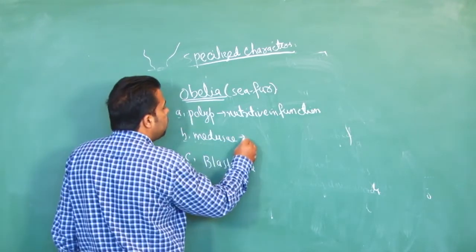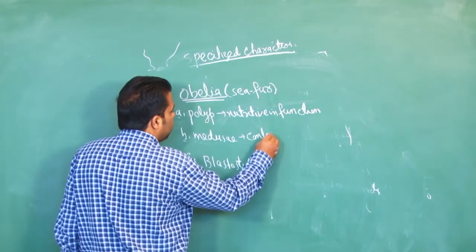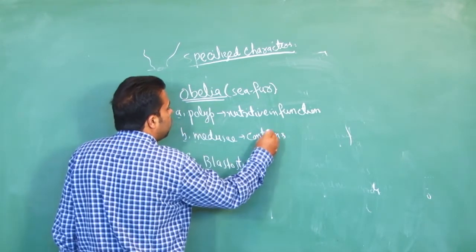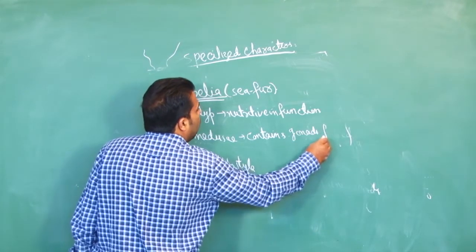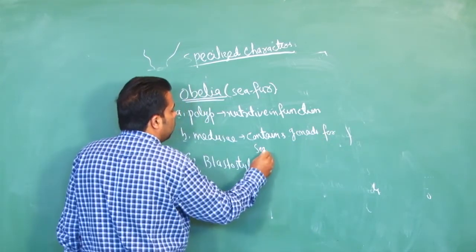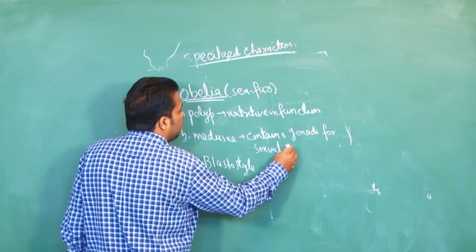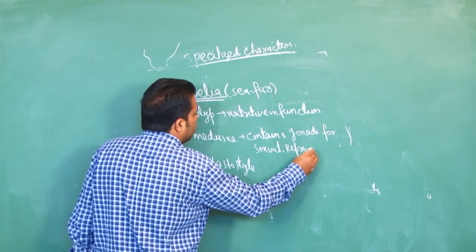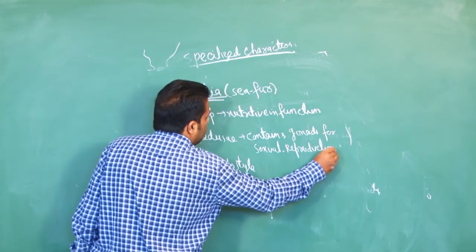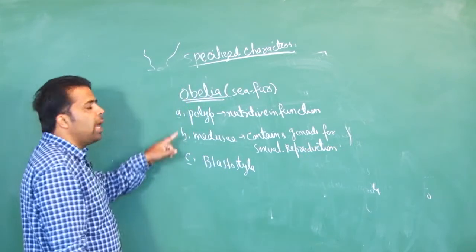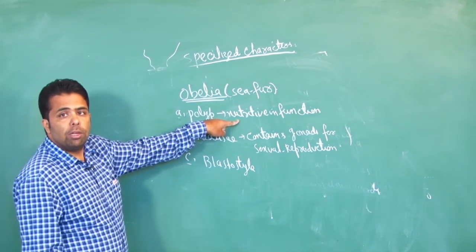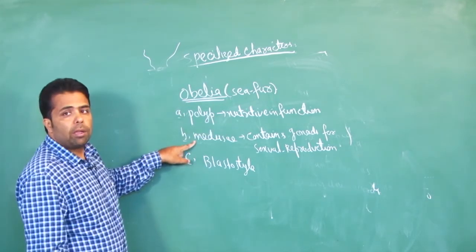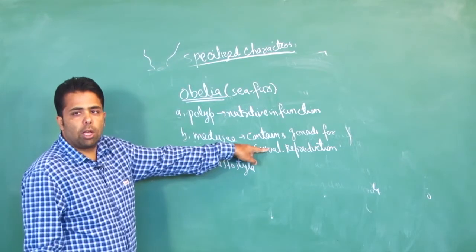Medusa contains gonads. What does medusa do? It contains gonads for sexual reproduction. The three zooids of obelia are polyp, which is nutritive in function. Medusa contains gonads for sexual reproduction.